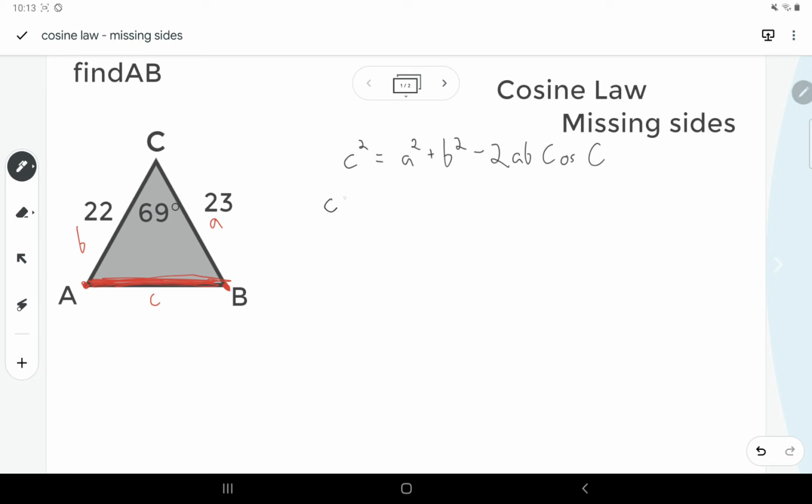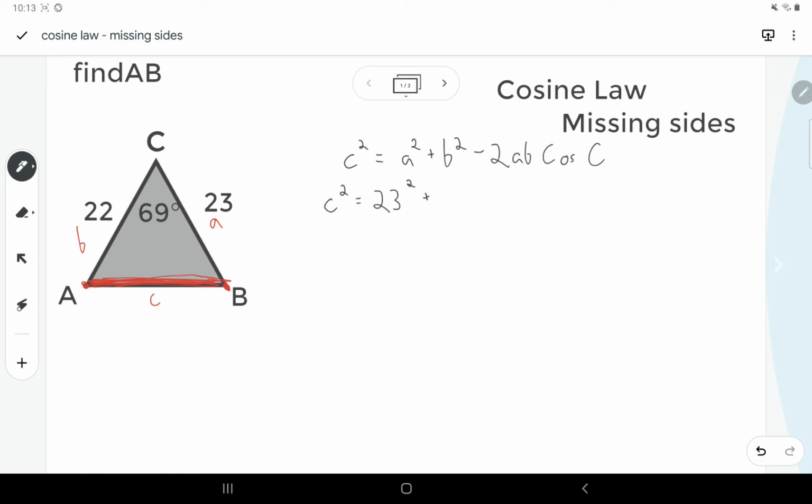Okay, so c squared, we leave it alone. We don't know what little c is, that's the whole point. So we leave it alone. Equals little a squared. Now little a is 23, we can see from the triangle there. Remember, we keep this as squared. It is 23 squared because it was a squared.